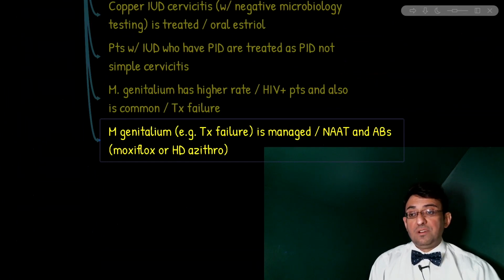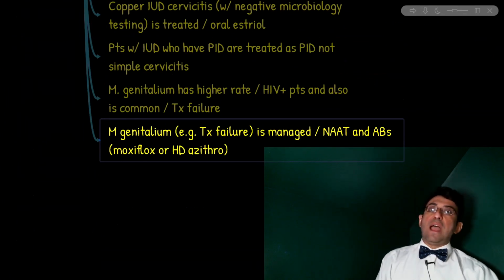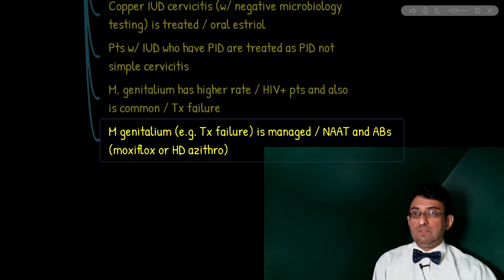Now, another scenario is a patient with cervicitis during pregnancy, and you are asked what are the important factors to consider in the course of management of this patient. Remember, not only should we avoid doxycycline or fluoroquinolones, but we use azithromycin.